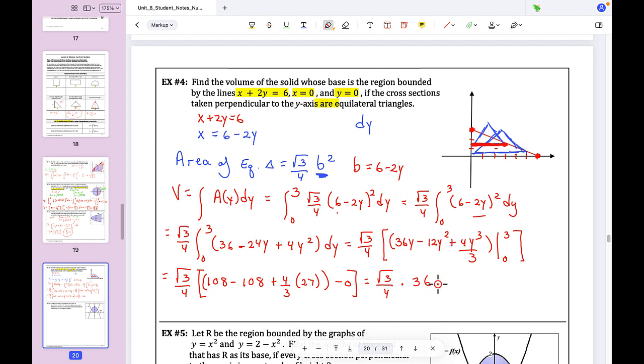So that ends up being 9 square root of 3. So when it's perpendicular to the y-axis, we have to use the y values. If it's perpendicular to the x-axis, we use x.